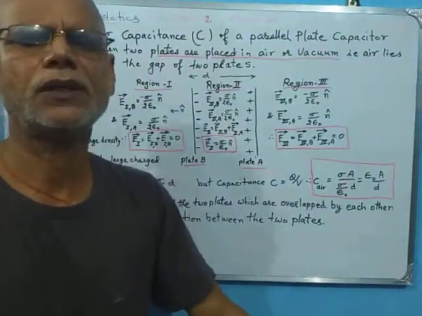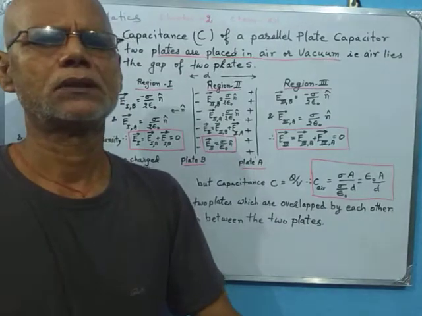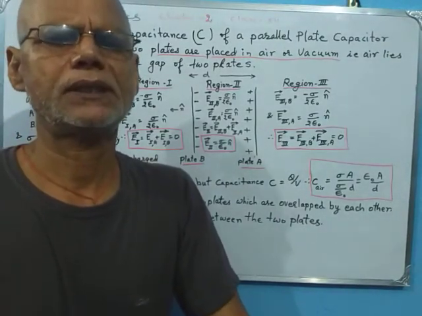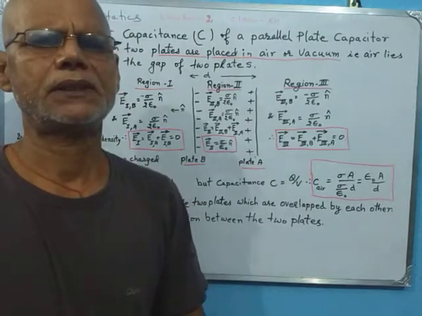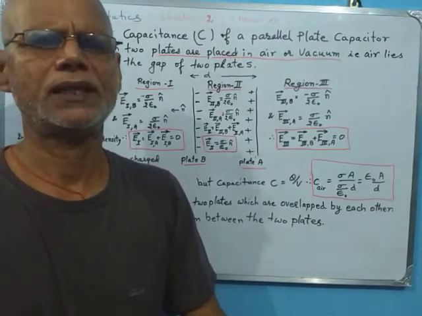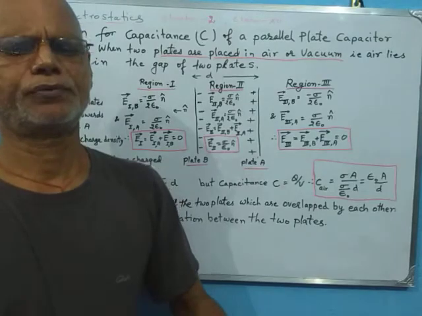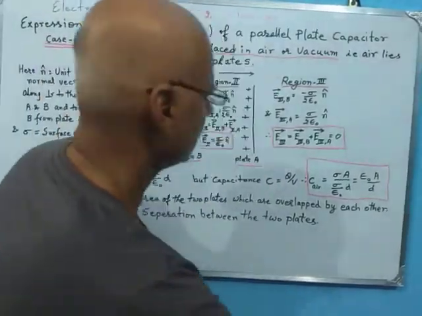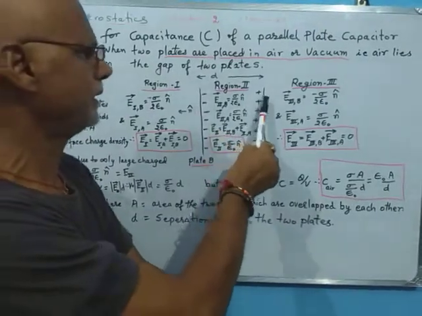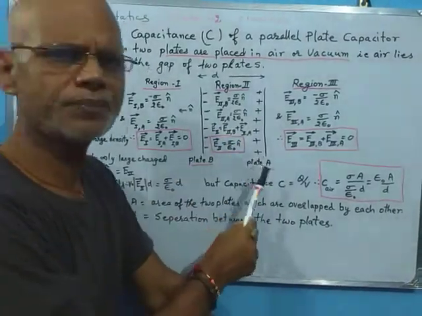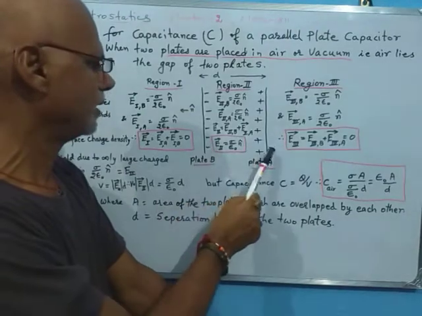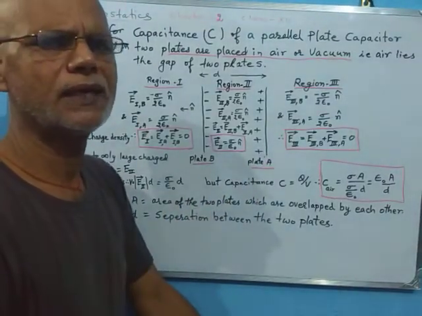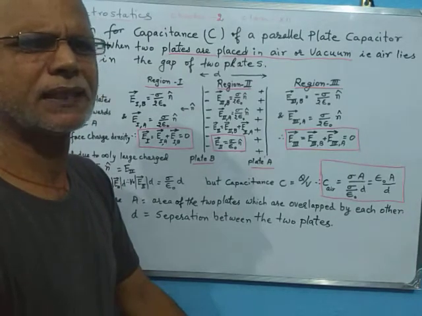Dear students, today we are going to talk about the expression for capacitance of a parallel plate capacitor, which is placed in air medium. Means if we consider two plates, plate A and plate B, and both are oppositely charged, as we have discussed while discussing the principle of parallel plate capacitors.